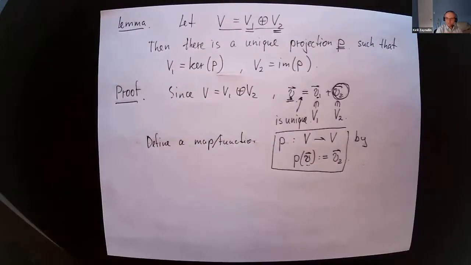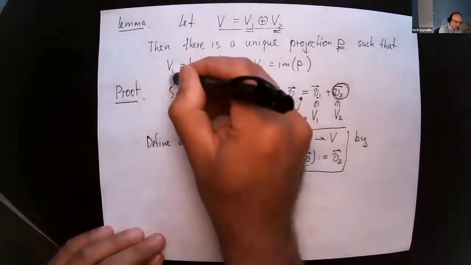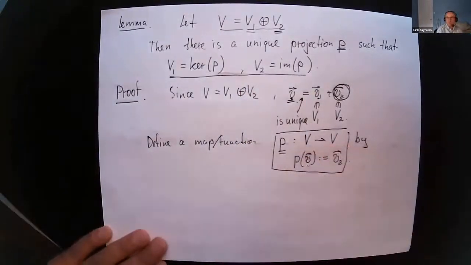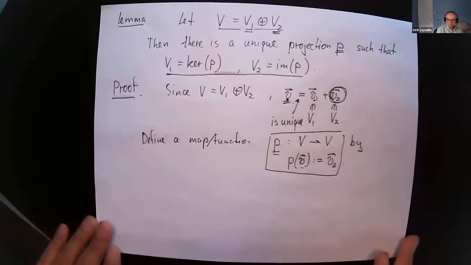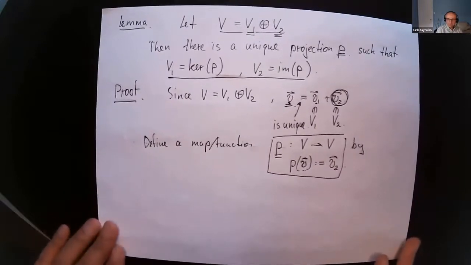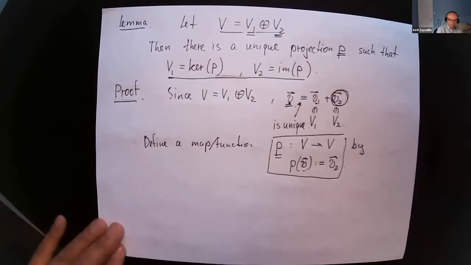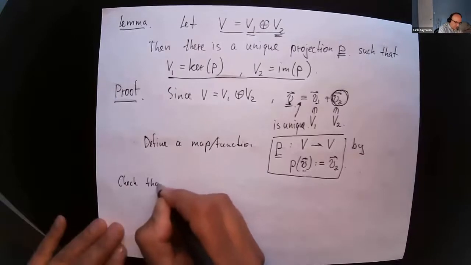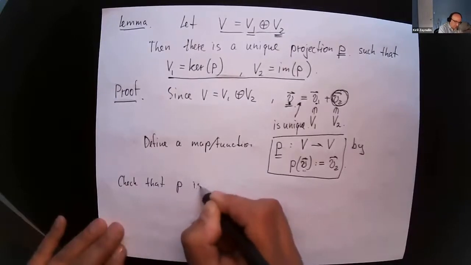Indeed, we still need to check that this is a linear transformation, and at the same time we need to verify that the kernel and the image of this P are what we want, that is V1 and V2. Okay, so let's check that P is a linear transformation.